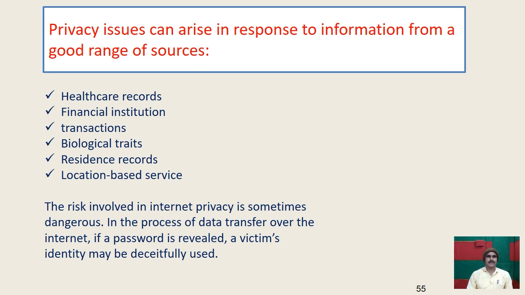So the risk involved in internet privacy is sometimes dangerous. In the process of data transfer over the internet, if a password is revealed, the victim's identity may be deceitfully used.